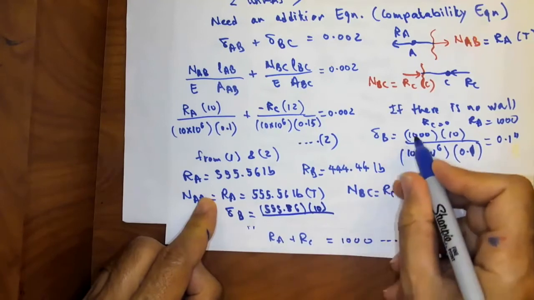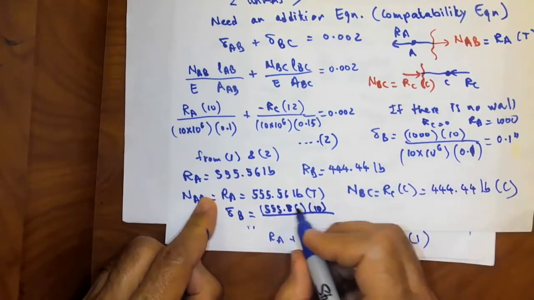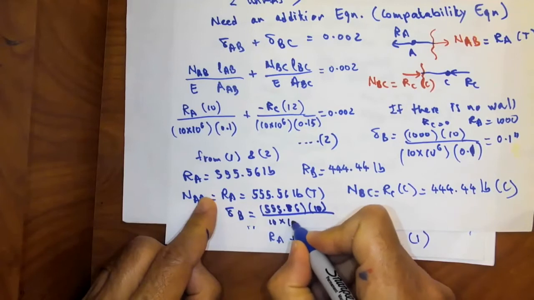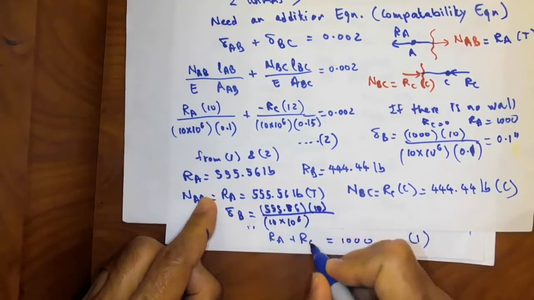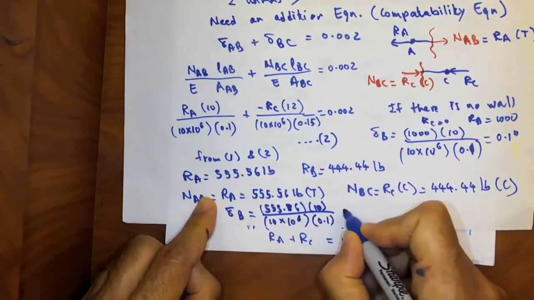So the only thing that's changing is the 555 instead of the 1,000. 10 times 10 to the power 6.1.